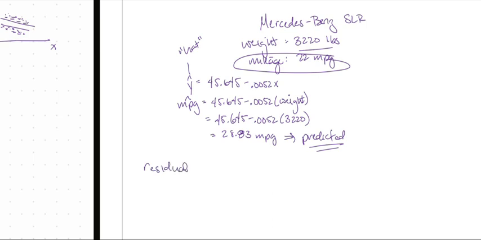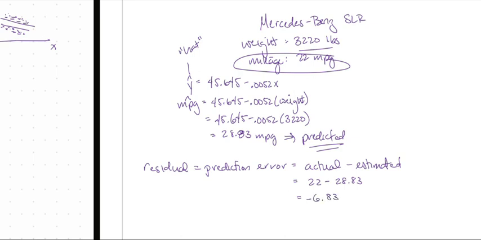So what I'm going to do is find my residual. This is my prediction error, how wrong I was in predicting. To find my residual, I take what I actually observed, I subtract off what I estimated, or my prediction, and so that will be 22 minus 28.83, and I get that negative 6.83 that I was just mentioning.